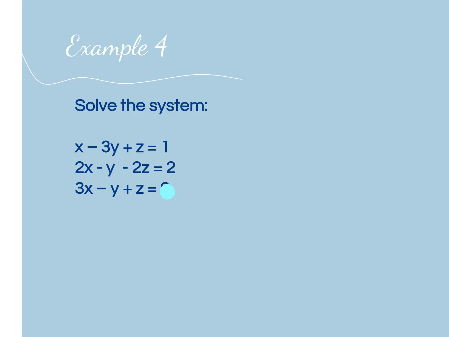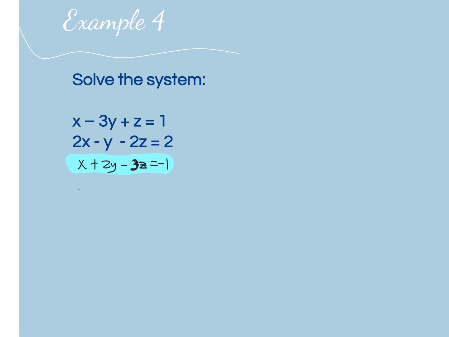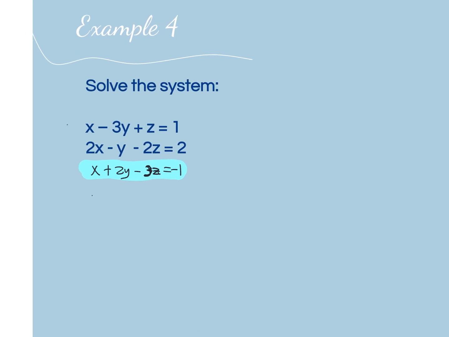I want you to replace it with x plus 2y minus 3z equals -1. Okay, that's equation 3. It should read something like this. That being said, let's still try to do the same process.